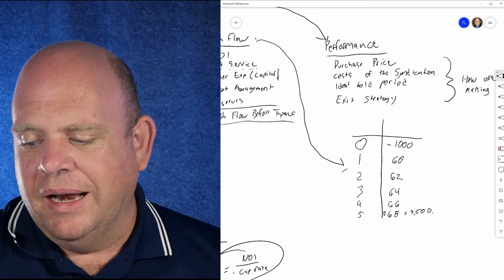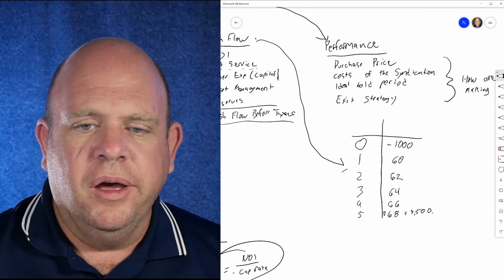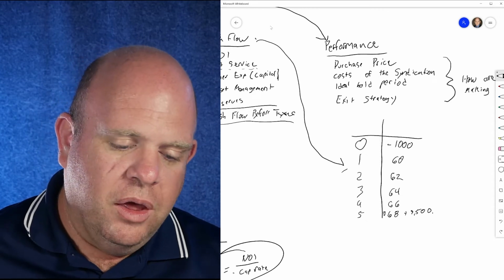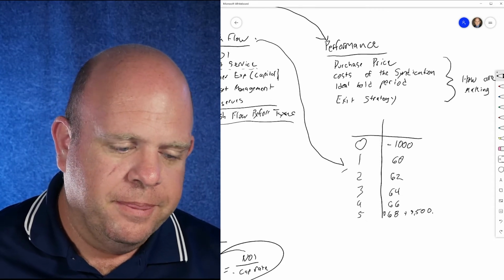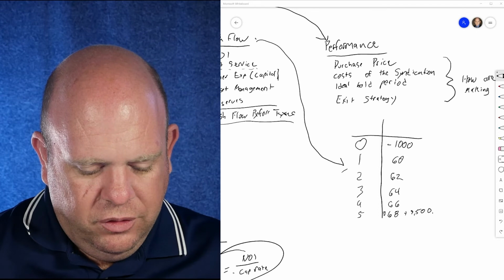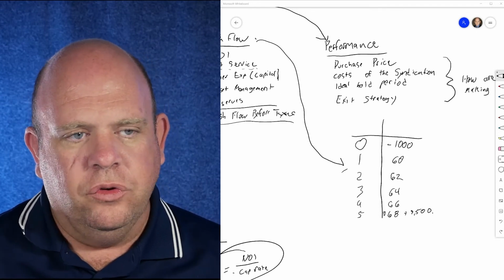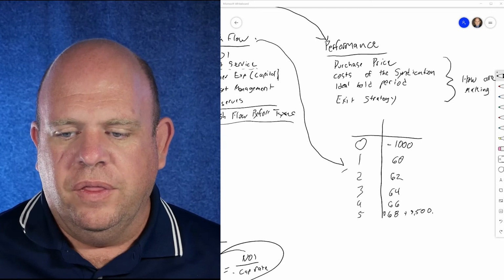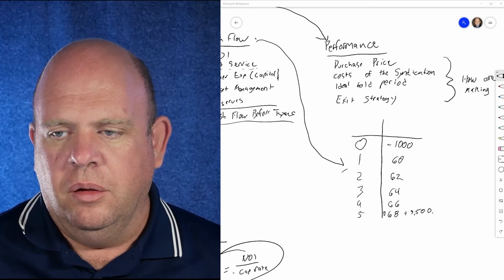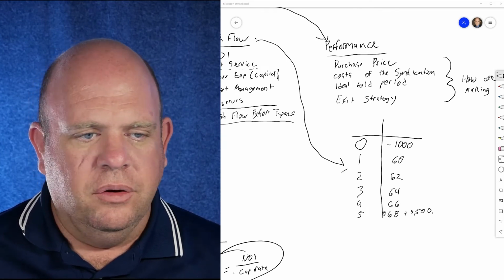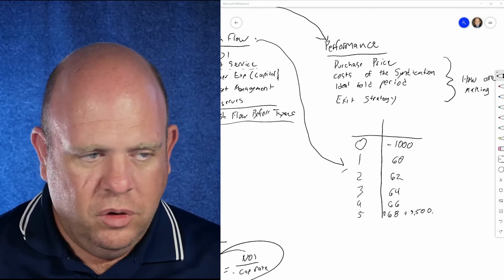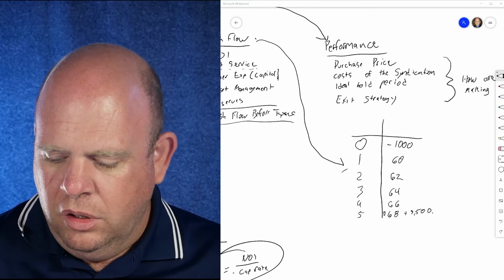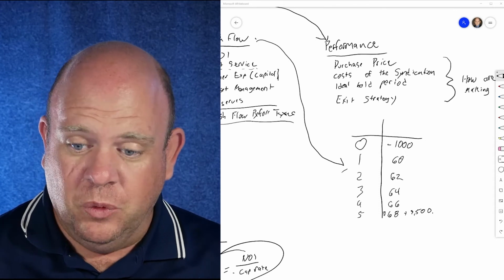Now we've got an actual investment that we can use. So let's look real quick, and we'll just put in what that looks like. I've got my calculator off to the side, and I'm making these numbers up, so if it doesn't work out, that's why.